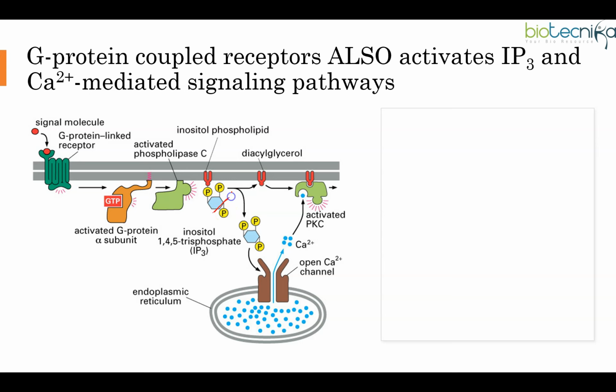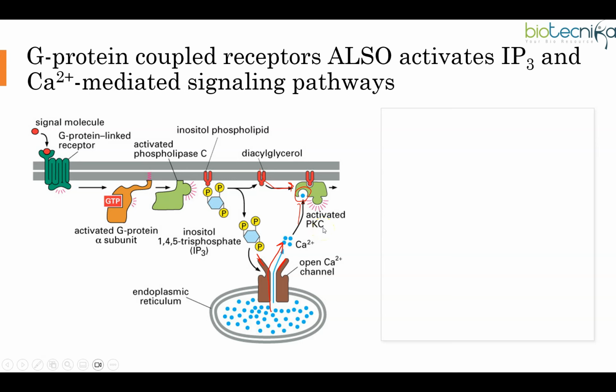Once this is cleaved, you will get IP3 and DAG, which is still embedded in the membrane, but IP3 gets free and comes and binds to the endoplasmic reticulum calcium gated channels, which I was talking about. On binding of the IP3, this receptor is open, and the calcium will flow out. Now this calcium as well as the diacylglycerol, both of them can activate another kinase which is called protein kinase C.